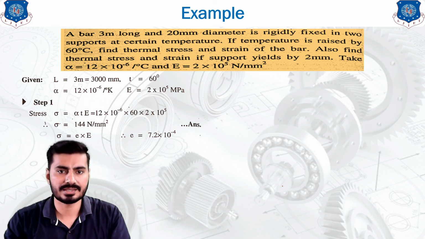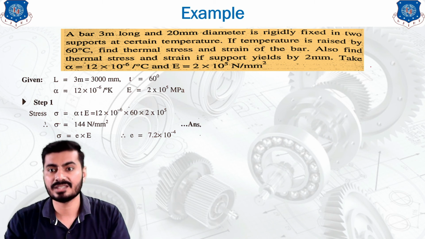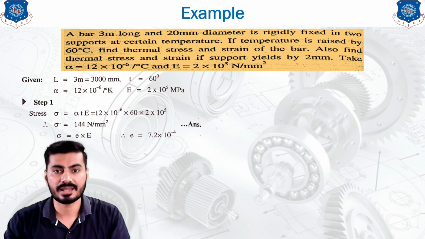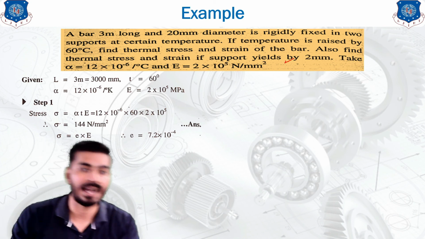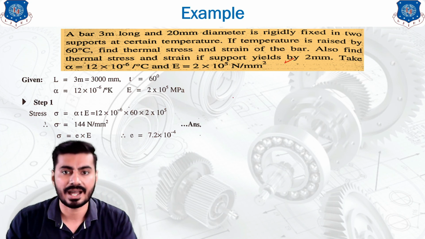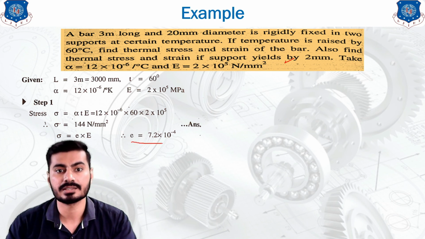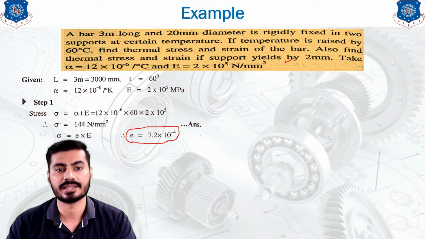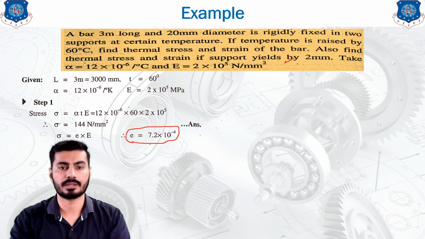This value has no units because thermal strain is a unitless quantity. Whenever you are writing the answer for thermal strain, that answer is unitless. Remember this when you are finding the thermal strain.